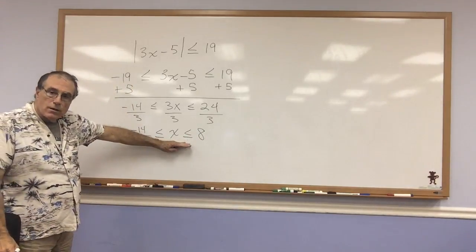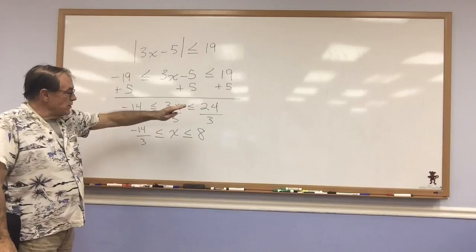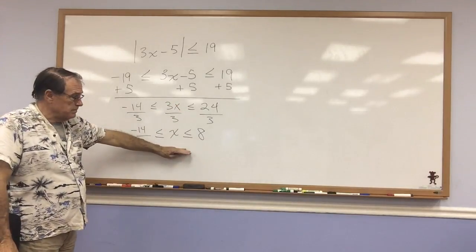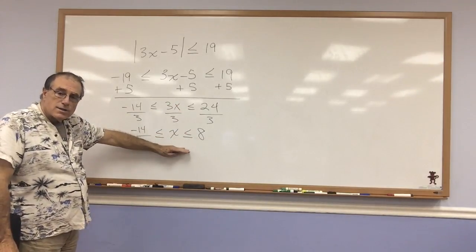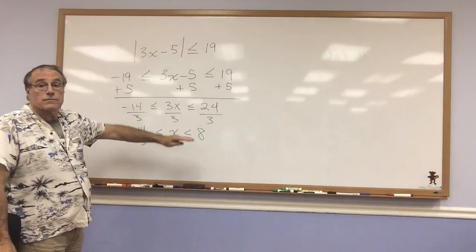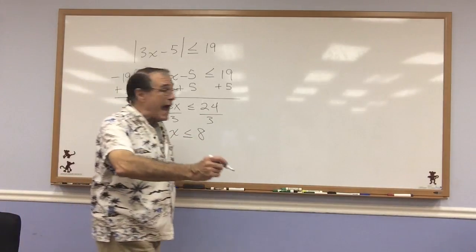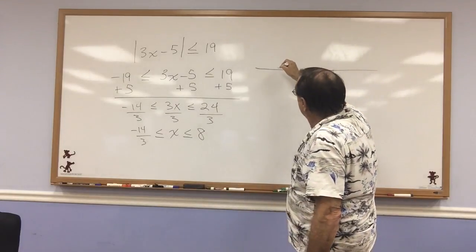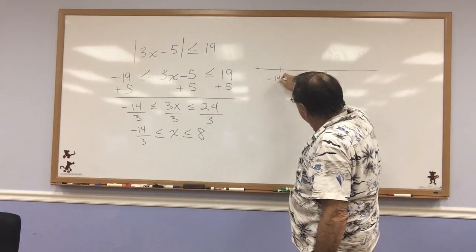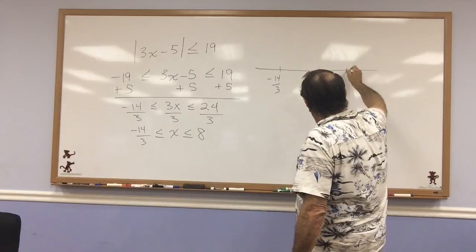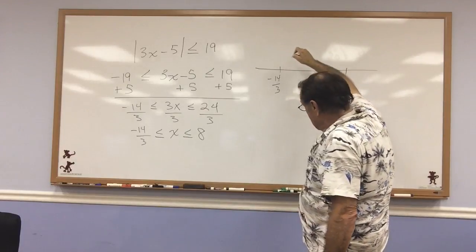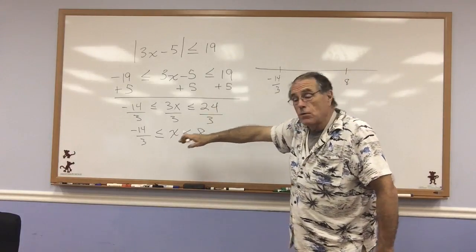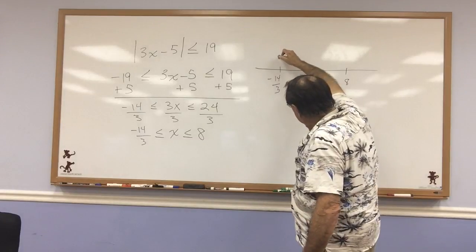Now, this is my solution. I want to graph this solution. I want to write this solution in interval notation. The graph: a number line, and I will indicate negative 14 thirds. I will indicate 8. Now, because it's less than or equal to, we use a closed circle.